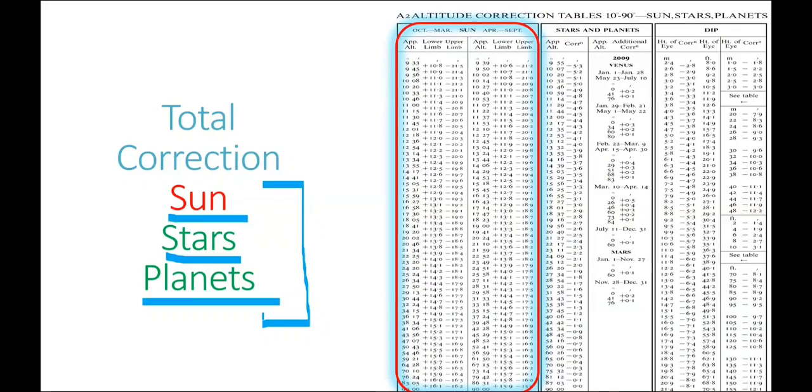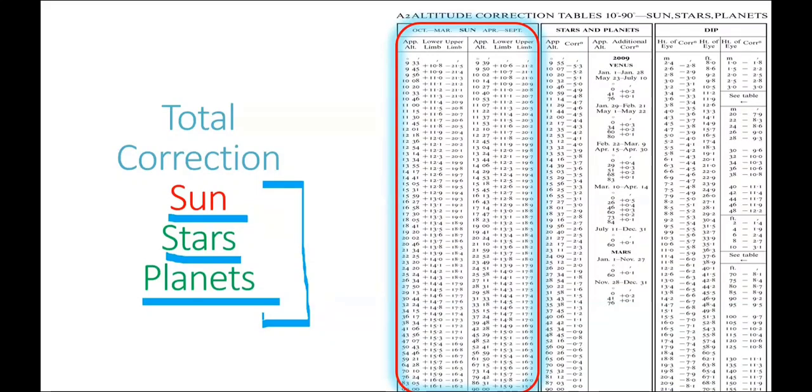Now this total correction table is divided into two parts for six months of the year, October to March and April to September. So depending upon when you are taking your sight, you enter into that particular part of the table. In each part, you see two corrections given. One is for the lower limb, other one is for the upper limb.